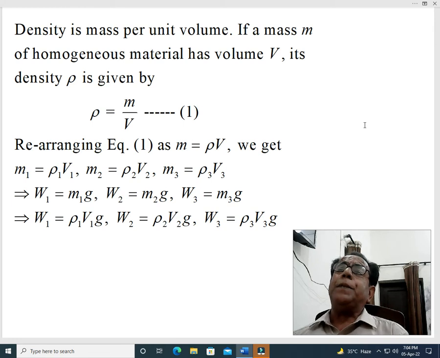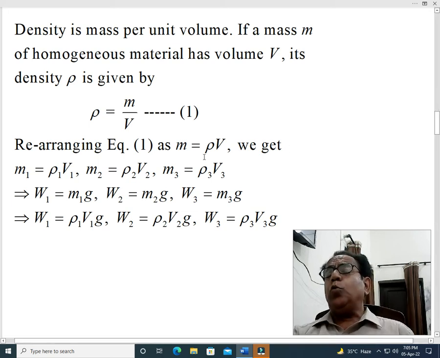Density is mass per unit volume. If a mass m of a homogeneous material has volume v, then its density rho is given by rho equal to m over v, equation number 1. Rearranging equation number 1 as m equal to rho into v, density into volume. We get m is equal to rho into v, mass is equal to density into volume.